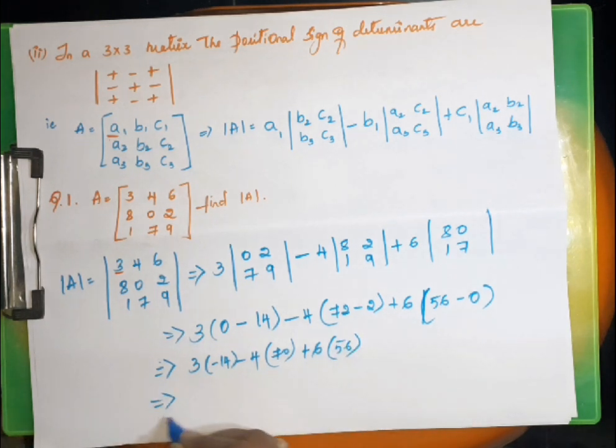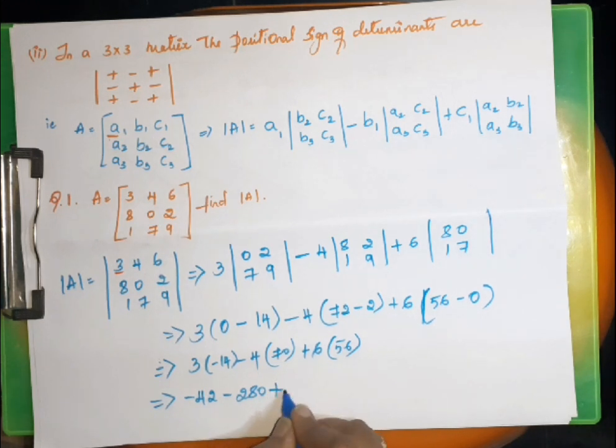So multiply this. 3 into minus 14, you will get minus 42. So 70 into minus 4, you will get minus 280. Then plus 6 into 56 is 336. Add this to those who are having negative sign.